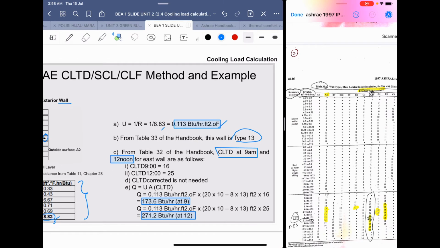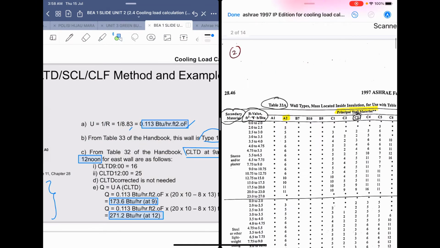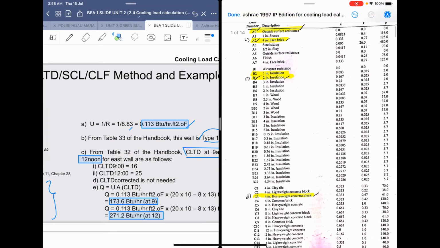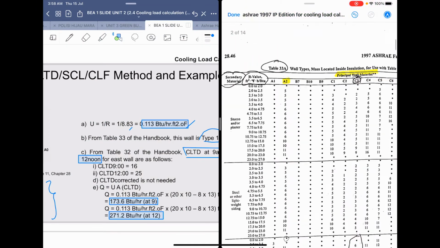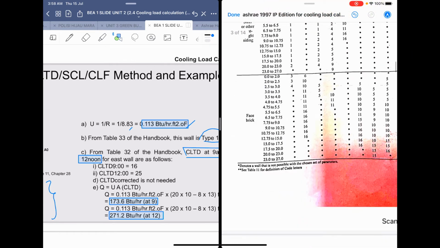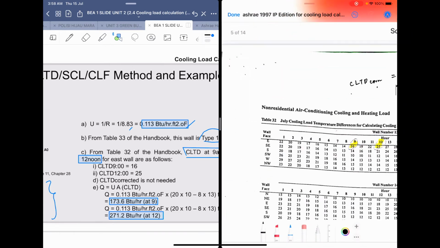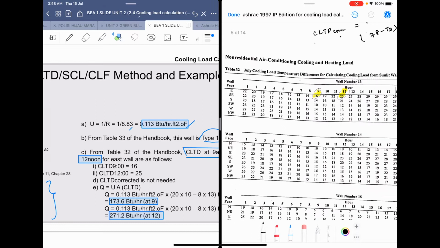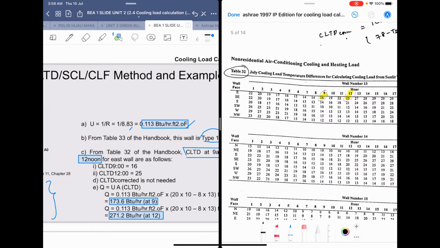Okay, so we go for Table 32. Okay, this is Table 32. And just now we know the wall type is type 13. So we refer to wall number 13.